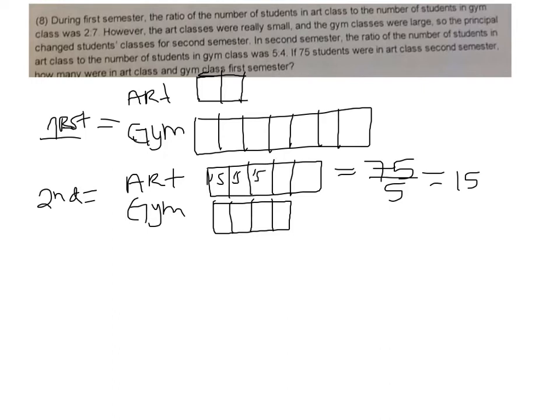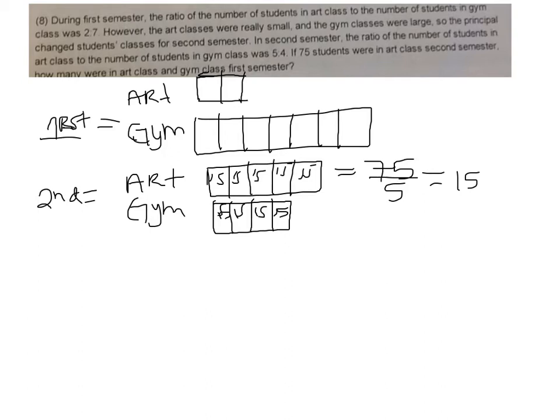And remember, the whole idea of ratios is that if each one of my pieces of tape for art students is worth 15 students, then each one of my pieces of tape for my gym class is also worth 15 students. Sorry, I'm trying to write as neatly as I can. Those all say 15.